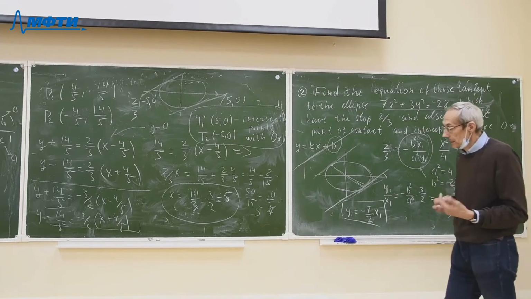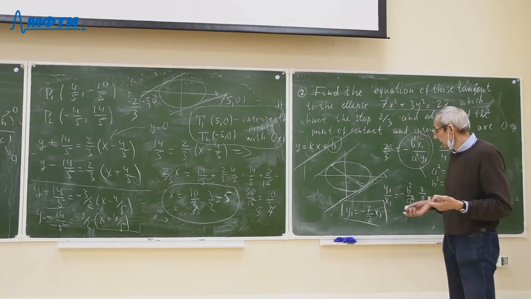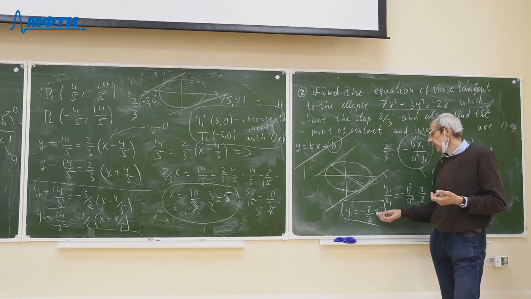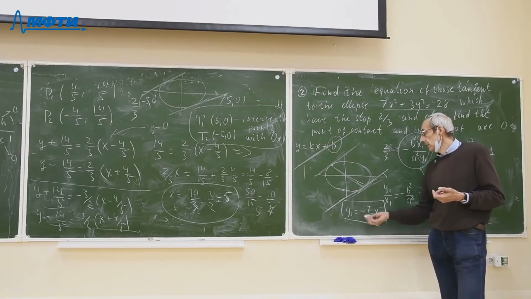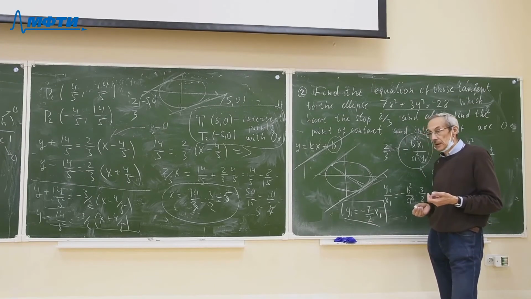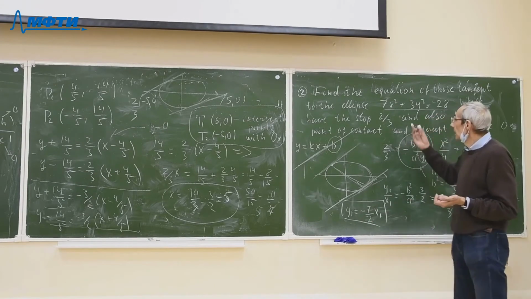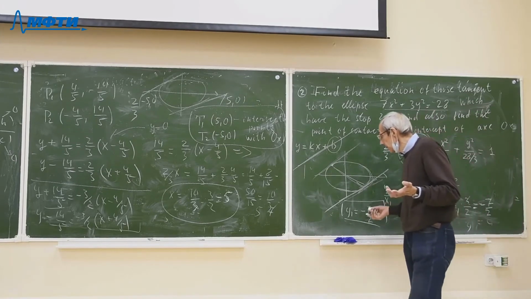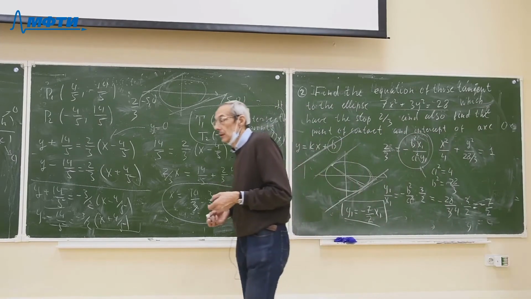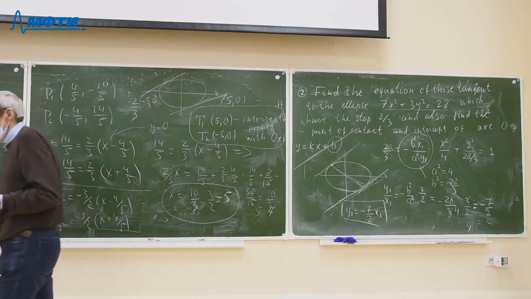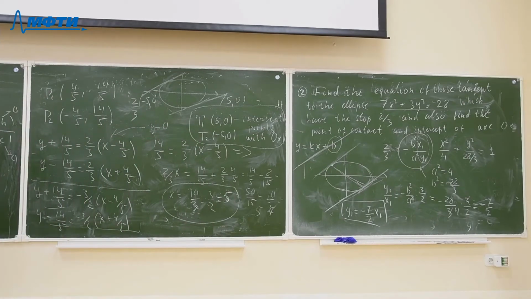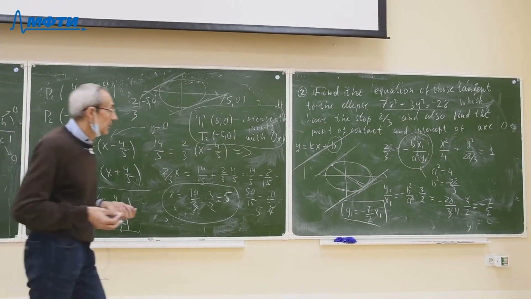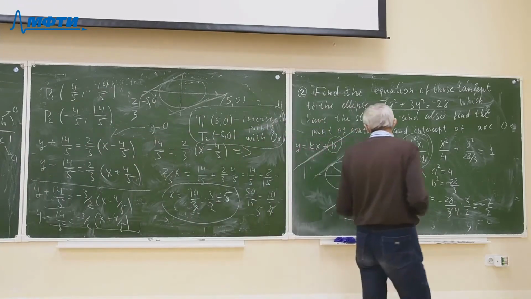After this substitution, we obtain an equation which defines the exact value of these coordinates. We have a quadratic equation, and therefore we obtain 2 values for each coordinate, and we obtain 2 points. And this picture illustrates this idea.